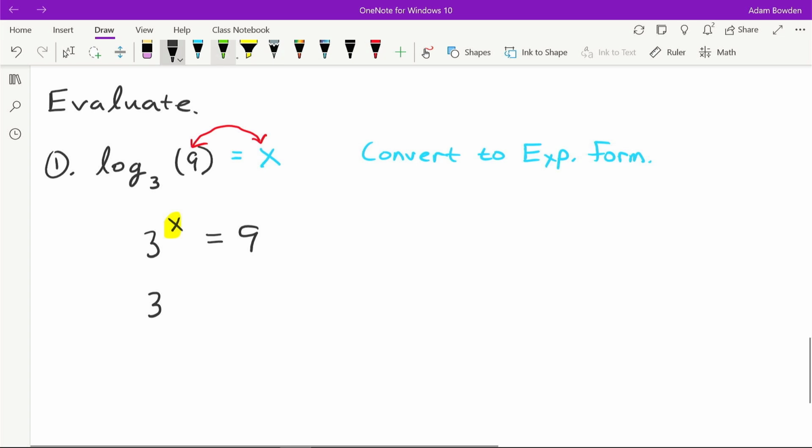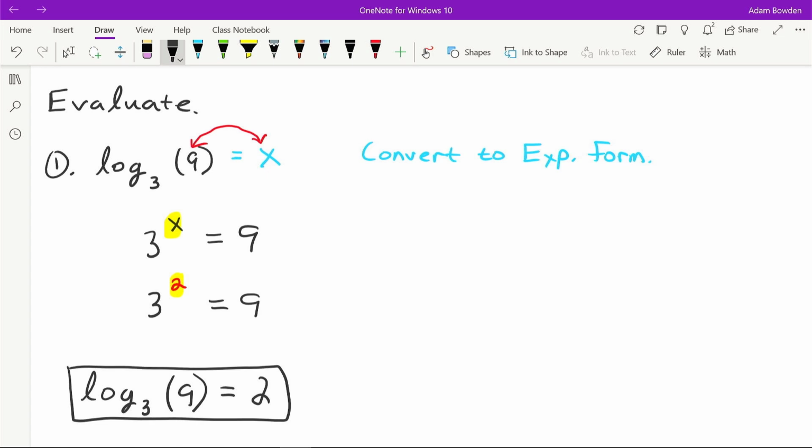That would have to be the second power, right? 3 to the second power is equal to 9. So 2 is the answer to what needs to go for the letter x. We can write log base 3 of 9 is equal to 2. 2 is the exponent: raise 3 to the second power, we get 9.